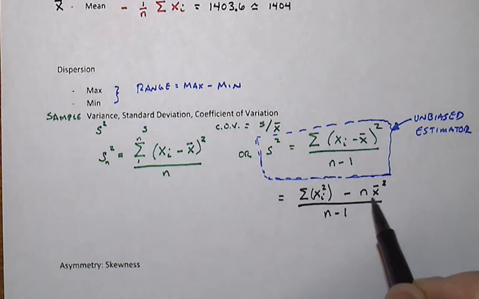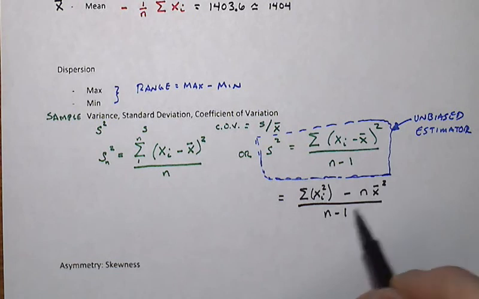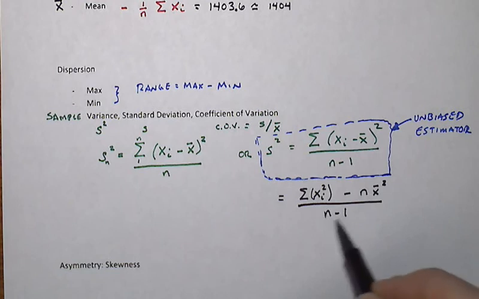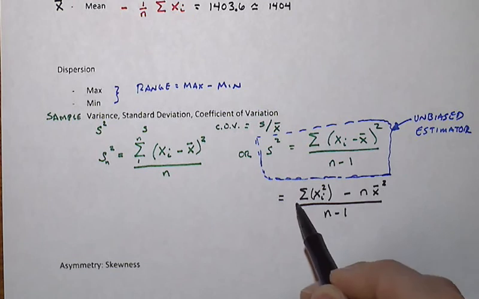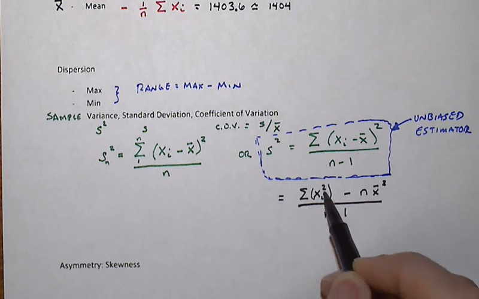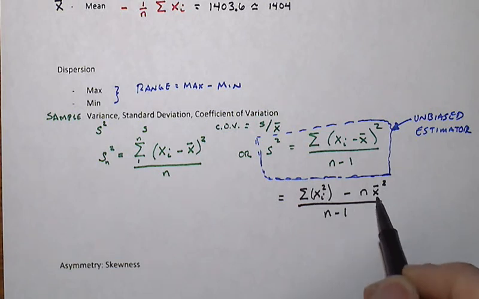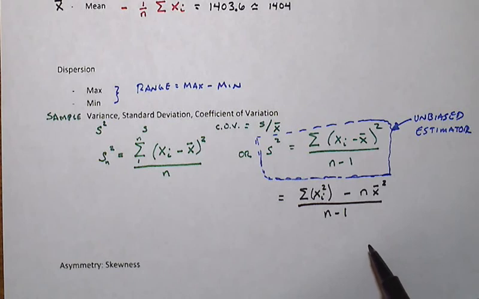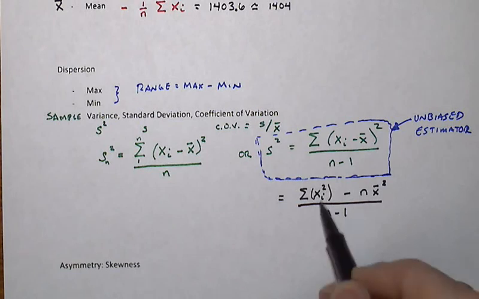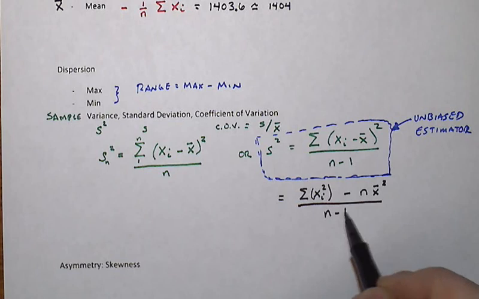And note that if we were to have divided by n here, these n's would have canceled out, and we would have just had the average squared value minus the square of the mean, which is very much what we were looking at before, almost like the expected value of x squared minus the square of the expected value. This can be a very useful kind of thing. And again, if n is large, the difference between these is almost insignificant.